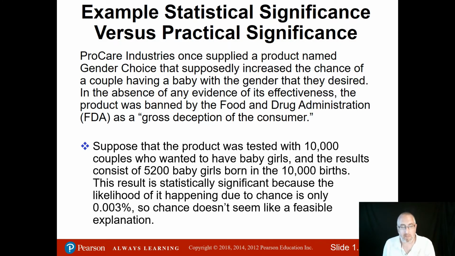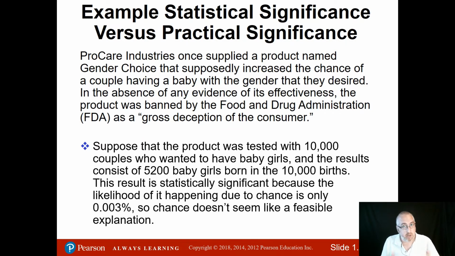Now you're probably saying, wait a minute, that doesn't seem quite right for the percentage. If I said 5,200 out of 10,000, that's not 0.003%. But they're looking at it a little differently. They're looking at the chance of getting exactly 5,200 baby girls in 10,000 births.